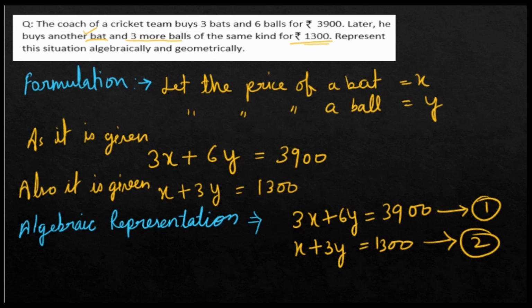second linear equation. How will we represent them graphically? For the graphical representation, we have to find 2 points on the line representing each equation.